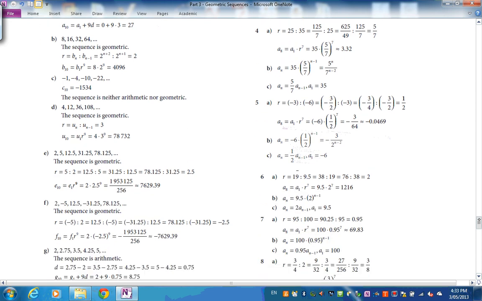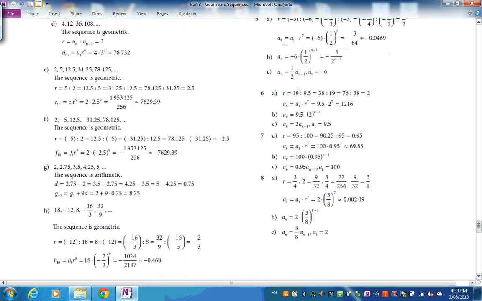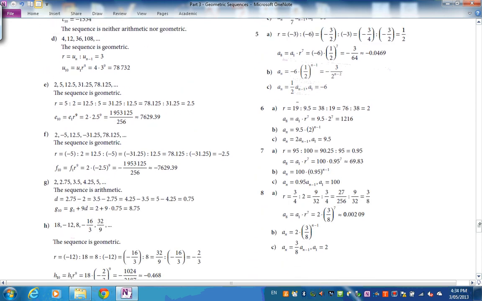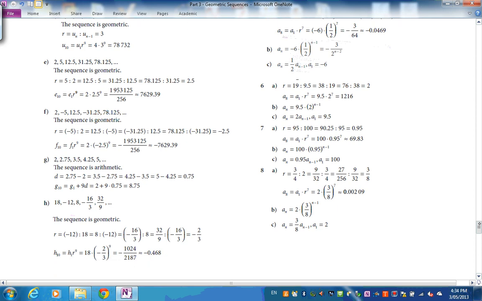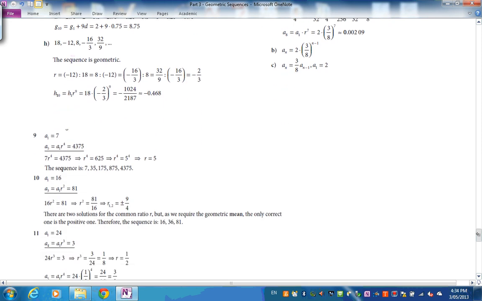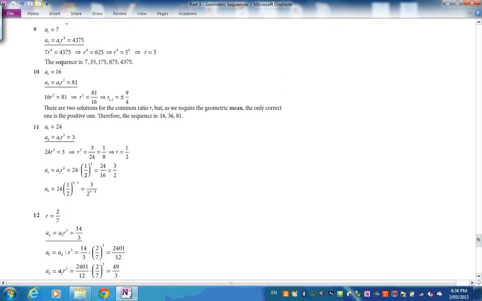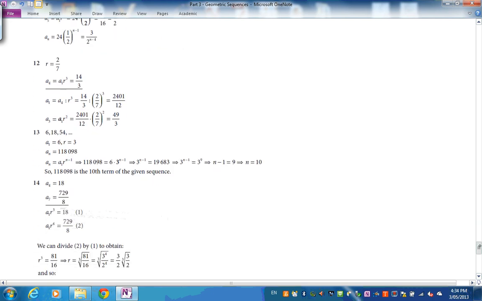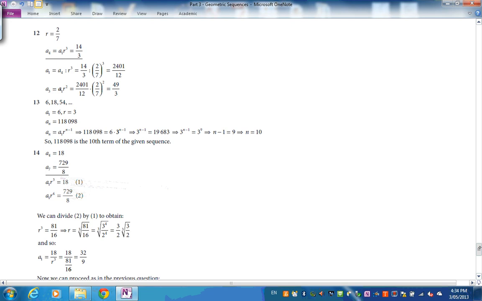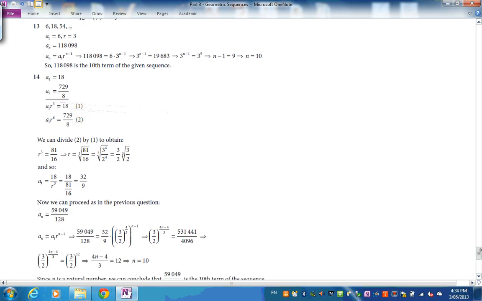Then the rest of question 1 down to the end of H, and that goes through to the end of question 8. So freeze it at various stages. And then we go to 9, 10, 11, almost all of 12. And coming down to 12, 13, 14, let's finish that off.